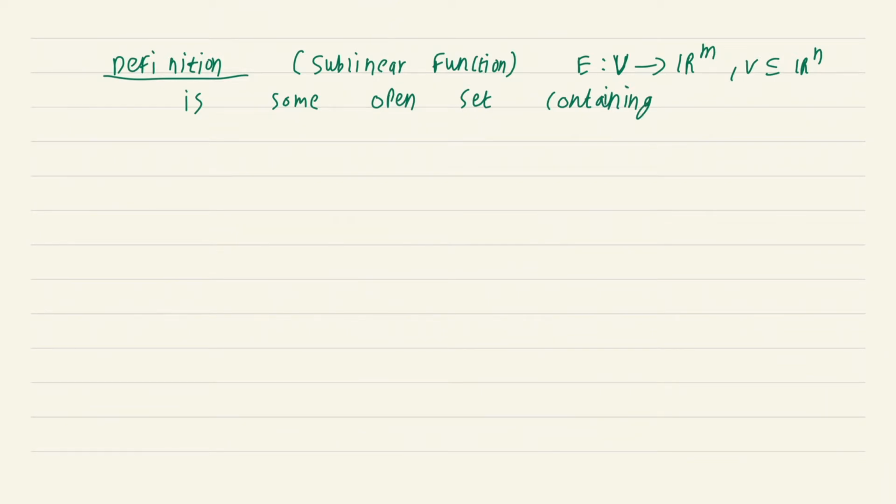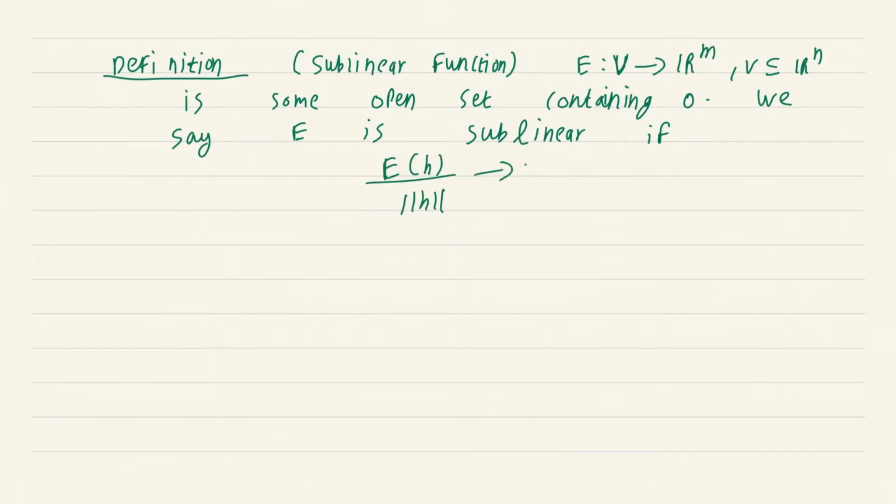We say E is sublinear if, as you can expect, E of h by norm h goes to 0 as h goes to 0.